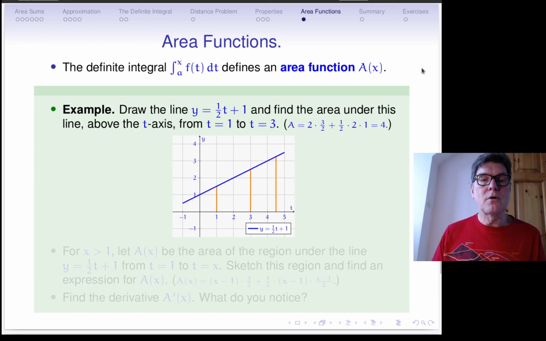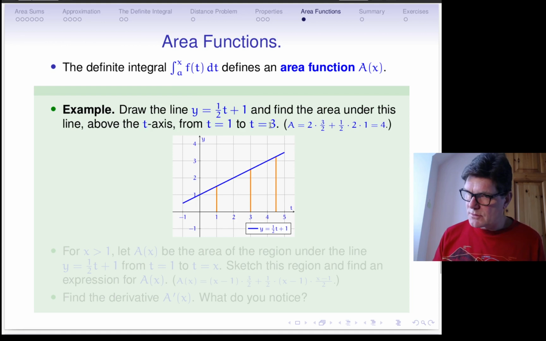To make this more concrete, let's say the function in question is the function half of t plus 1. We can draw its graph, and in the concrete case where a is 1 and x is 3, we can calculate this integral from 1 to 3 over this function half of t plus 1, draw a sketch and determine its area.